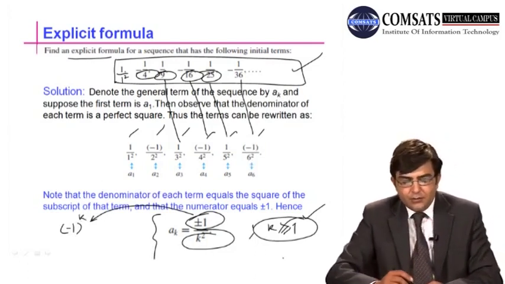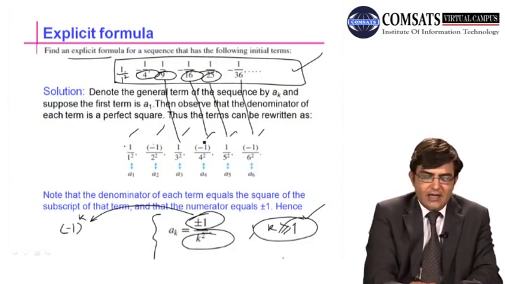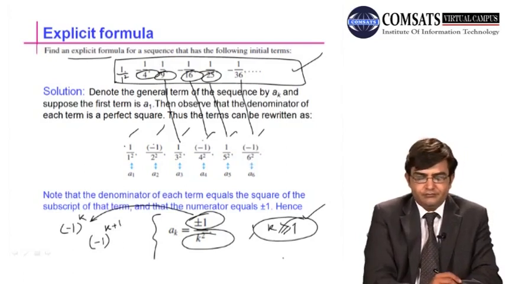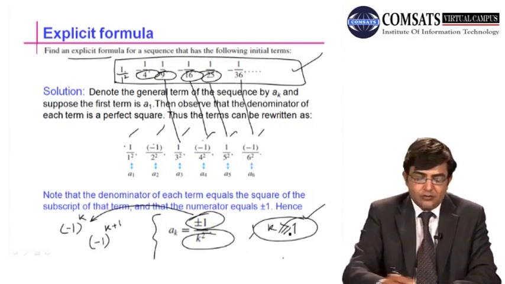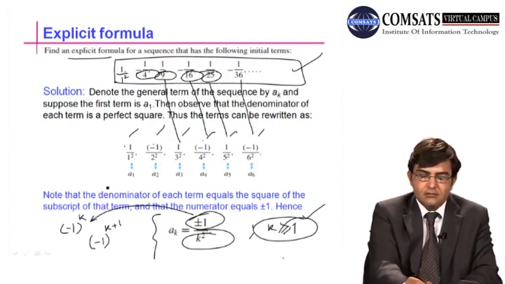Now we have to improve it to get exactly plus 1 here, minus 1 here, plus 1 here, minus 1 here. If we write in the numerator minus 1 power k plus 1, now we check it. If we put 1 here, we get minus 1 power 2, we get plus 1.